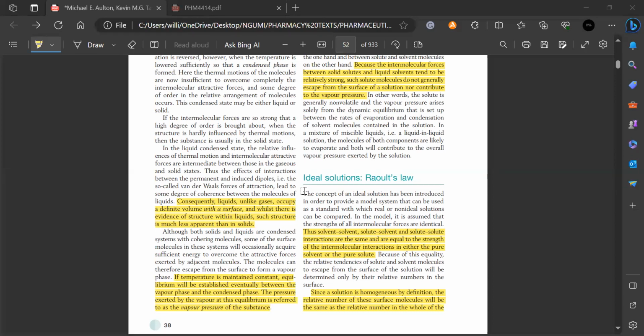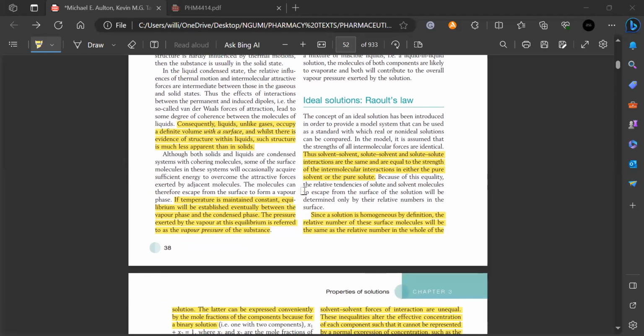But this perfect concept is what we will use to compare to the non-ideal solution. Non-ideal solutions are also known as real solutions.